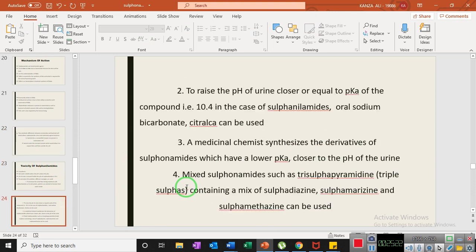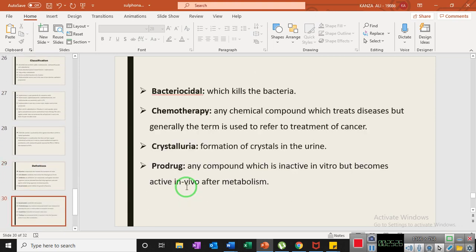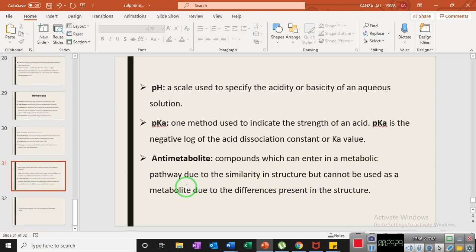Before dealing with that one, the few terms like pH and pK must be defined. pH, a scale used to specify the acidity or basicity of an aqueous solution. pK is one method which is used to indicate the strength of an acid. pK is the negative log of the acid dissociation constant or Ka value.